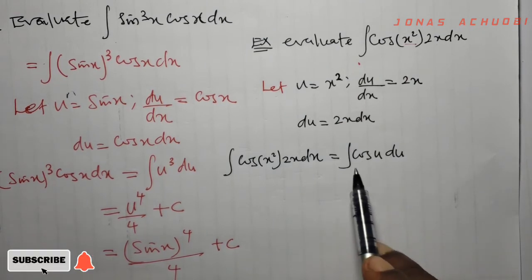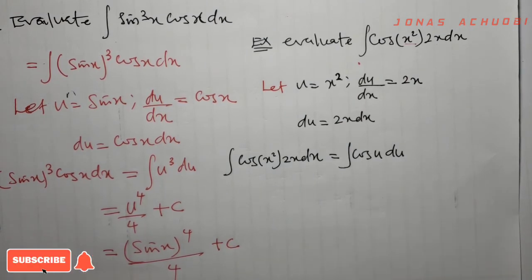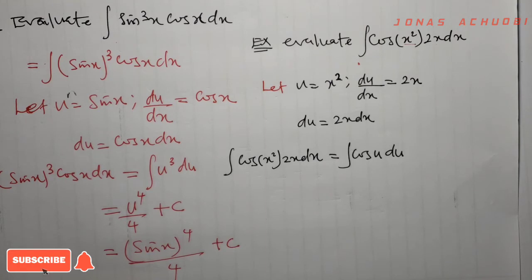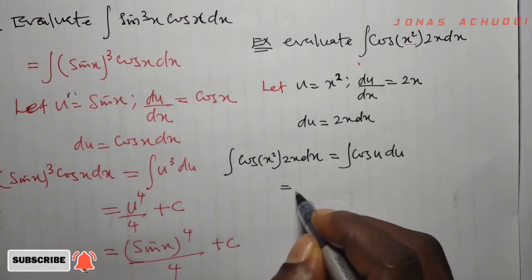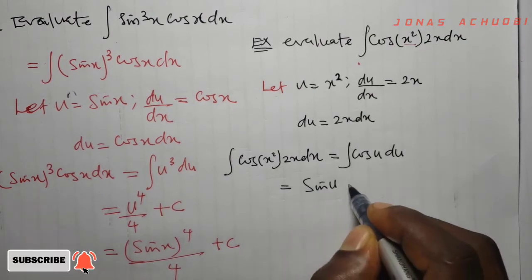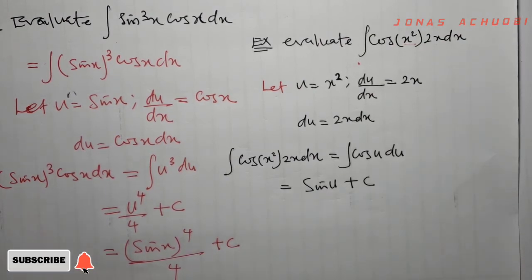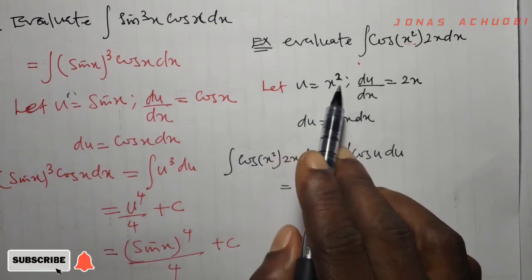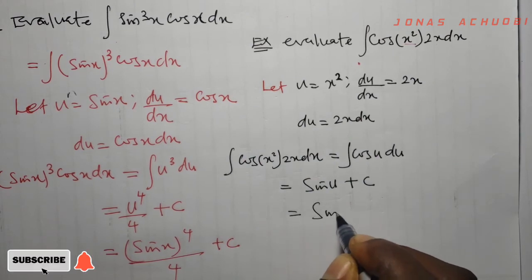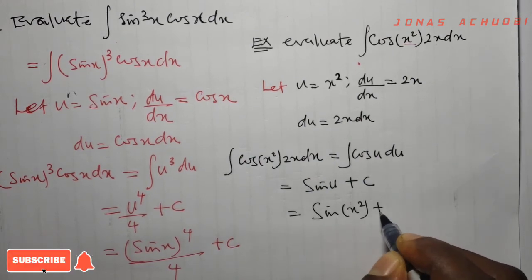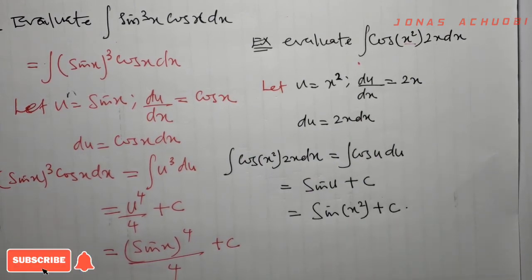So we now have the integral of cos u du to integrate, which is a lot easier. If we integrate cos u, what do we get? We get sine u plus our constant c of integration. But what is u? U is x squared. So to replace u with x squared, we have the sine of x squared plus our constant c of integration.